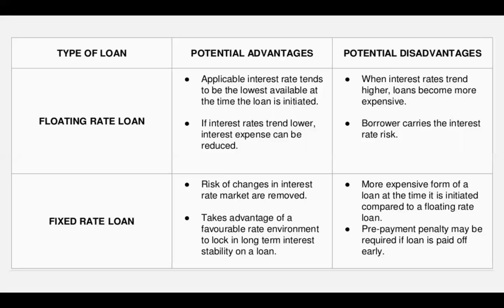Advantages and disadvantages of floating rate and fixed rate loans. Coming to the advantages of a floating rate loan, the applicable interest rate tends to be the lowest available at the time the loan is initiated, and there will be a lower interest expense.